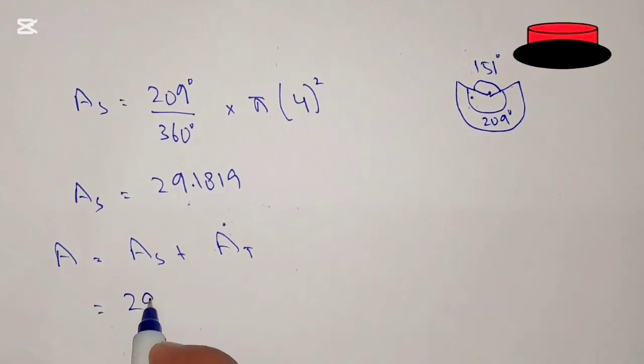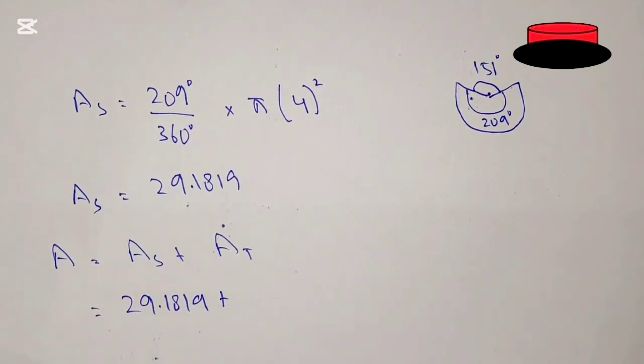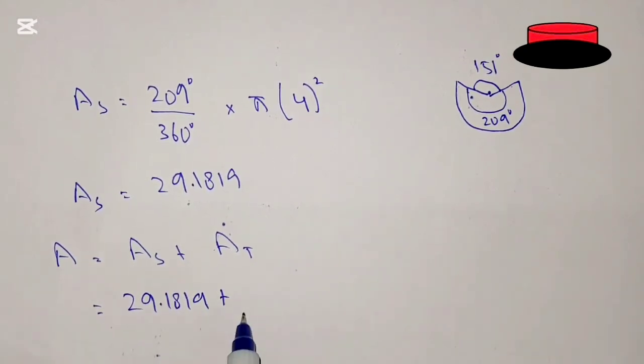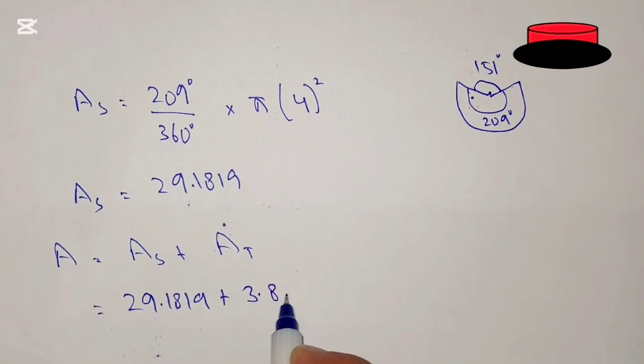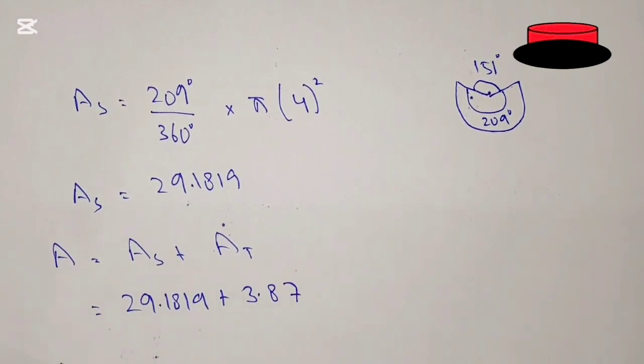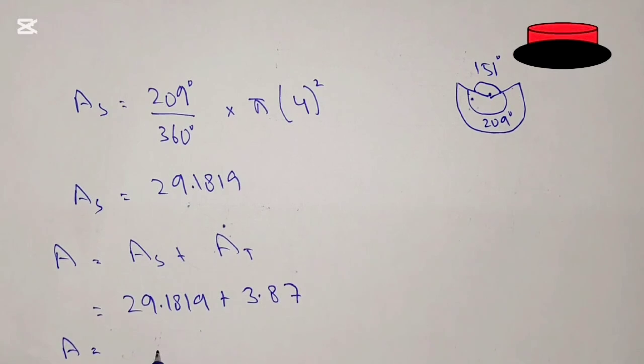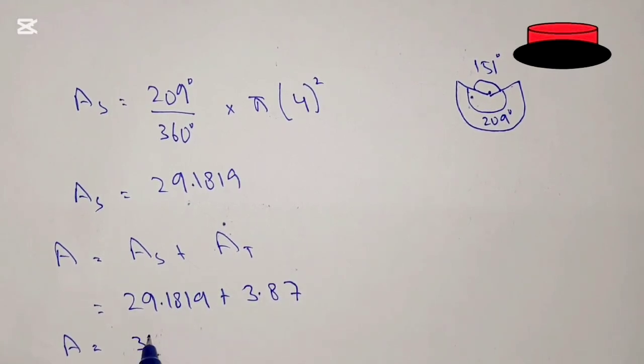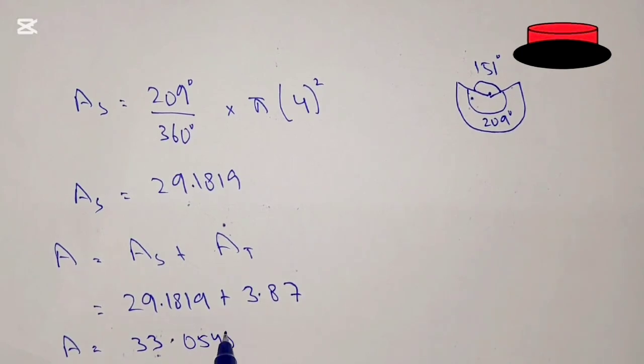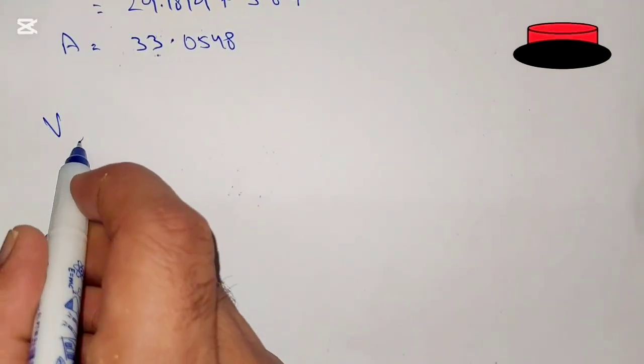So we will combine both of these. So we have 29.1819 plus the area of triangle, under root 15. Under root 15 is 3.87. So the area will be 33.05.